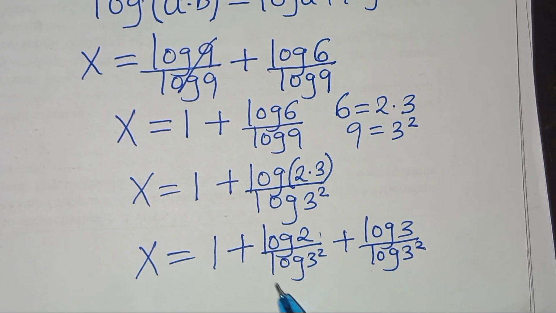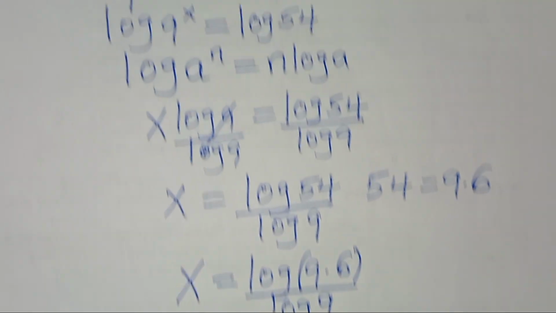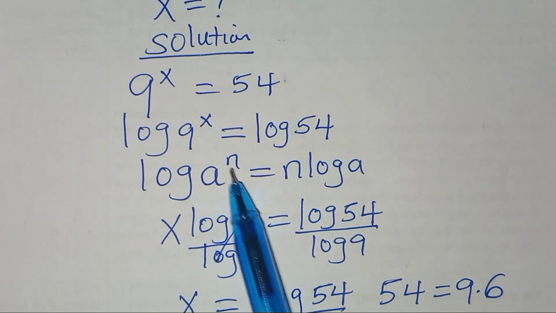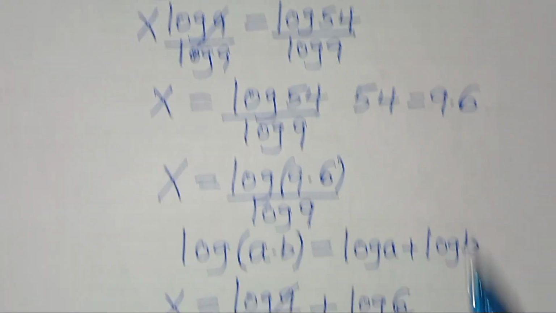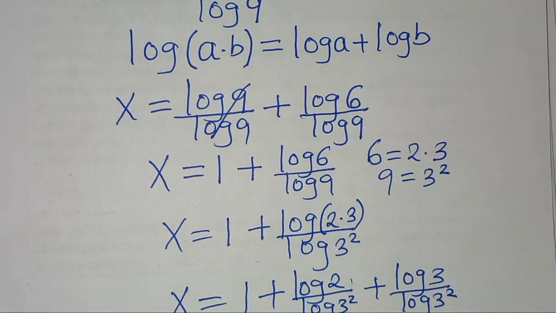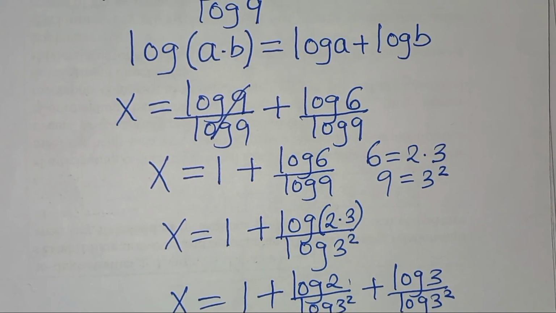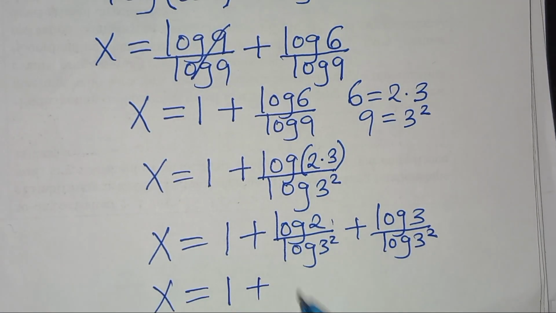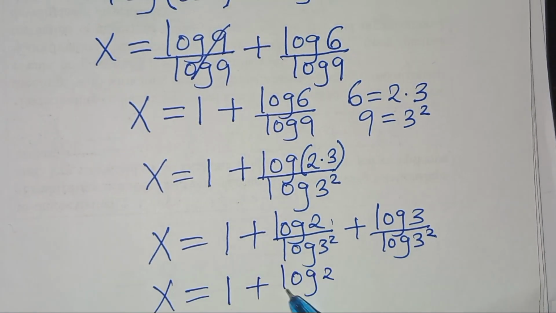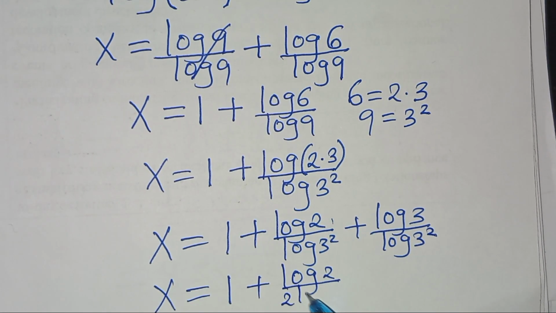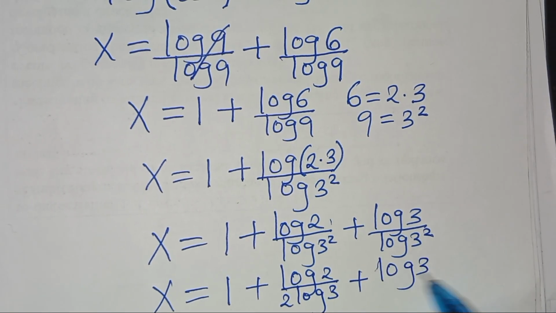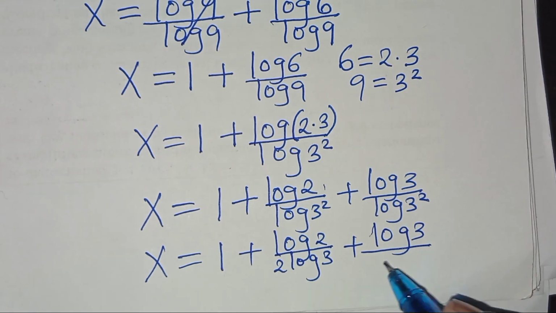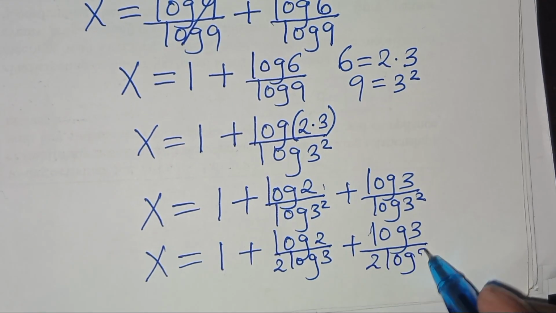So from here, log 3 to the power 2, by applying the power rule property, which is log a to the power n, which you can express as n log a, applying this property, now here we'll have x equal to 1 plus log 2 divided by 2 log 3, then plus log 3 divided by 2 log 3.